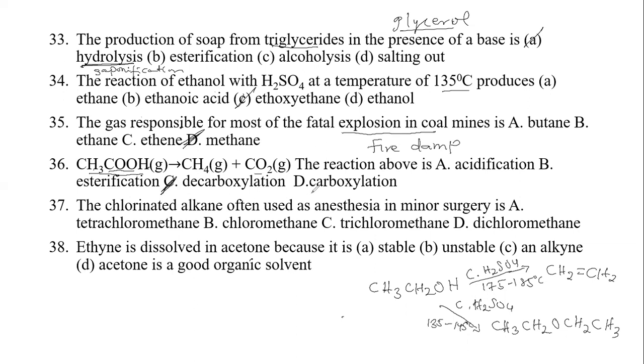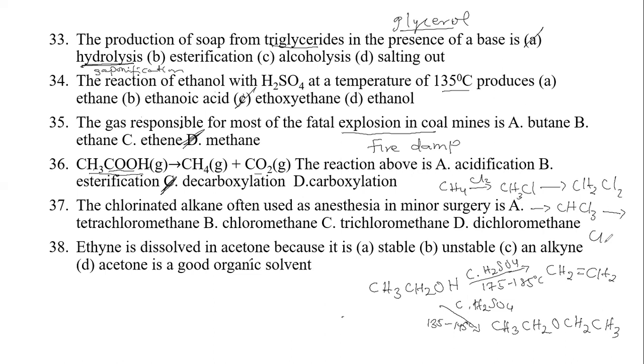All right, now another thing you have to know about the chlorination of methane. When methane reacts with chlorine, it is going to produce chloromethane, then dichloromethane, then trichloromethane, which is what you call chloroform, then tetrachloromethane.